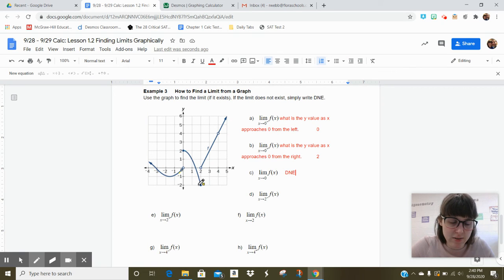So left of x equals 2 is this branch. Okay, now since this is the left side and it's coming in here, this is where x equals 2. Its y value is negative 2. Okay, so see here, as you come in towards x equals 2, this is the point. Its y value is negative 2. So that's what we're going to type for part B, is negative 2.